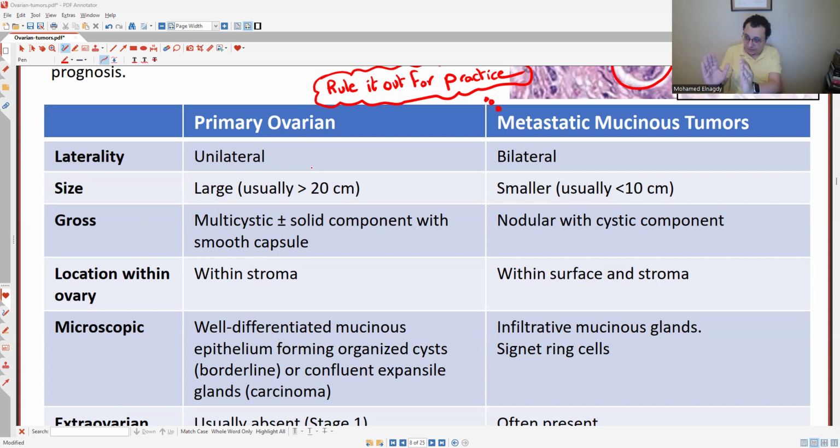However, if it's unilateral and unifocal, that's highly likely to be a primary ovarian tumor. But however, there are exceptions.